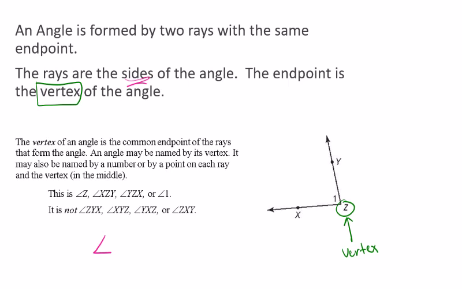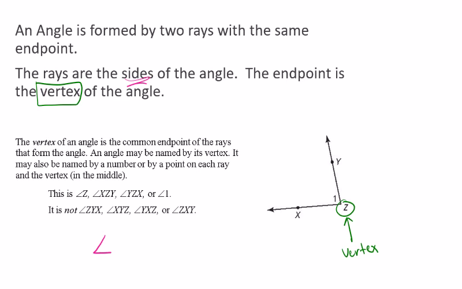So that's one way to name it, just by the vertex itself. Another way is to put a number on the interior of the angle and say angle 1, or angle 2 or angle 3.